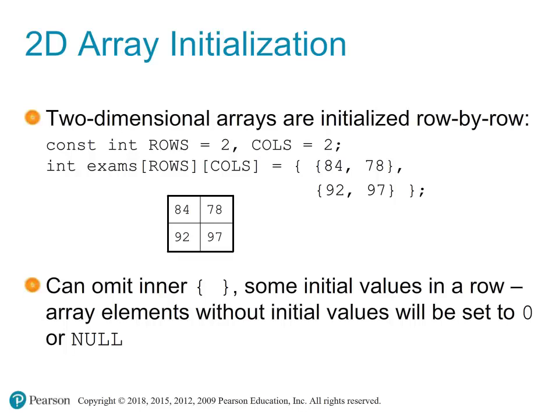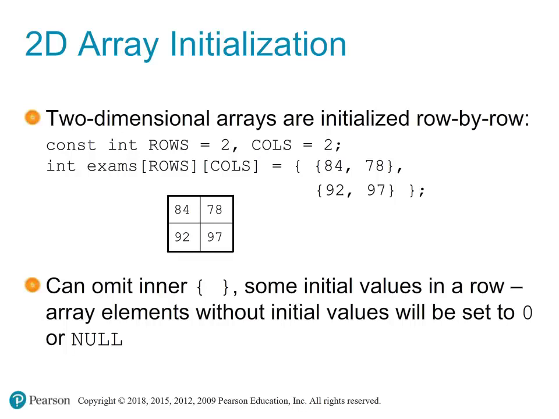Initialization of a two-dimensional array is done row by row. Here, the first row is 84, 78, and the second row is 92 and 97. The inner curly braces can be omitted when initializing, and C++ will still know how to separate the rows.